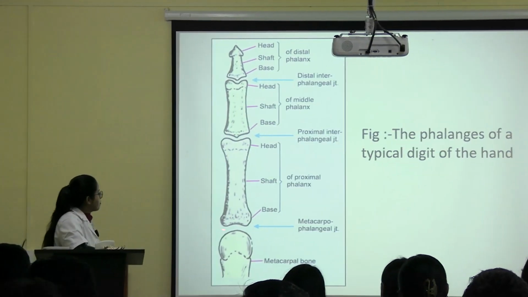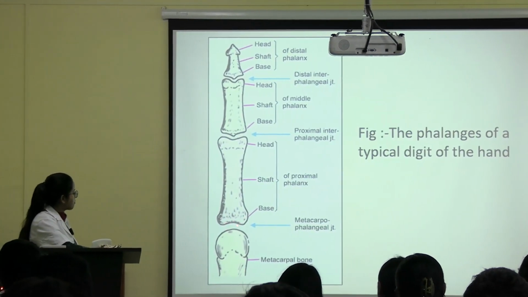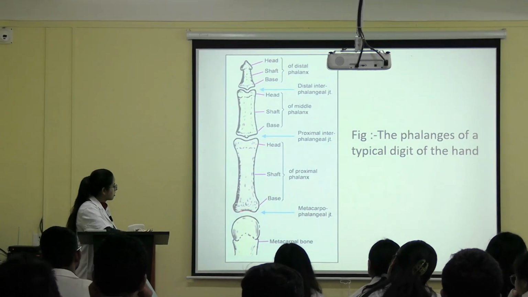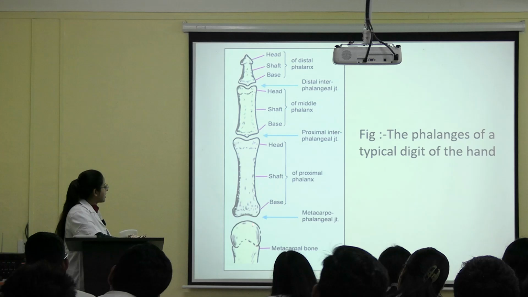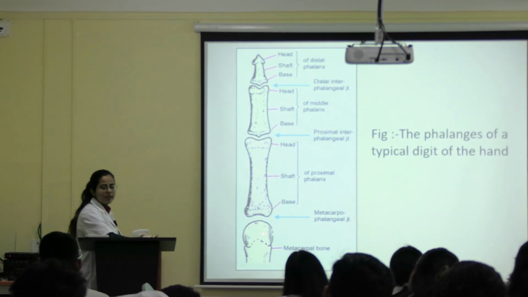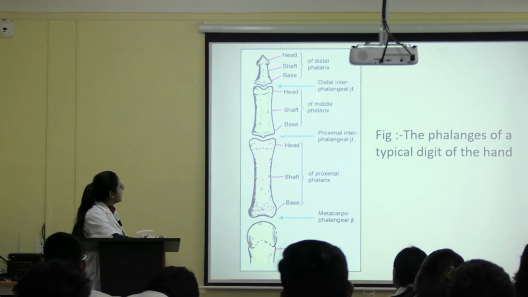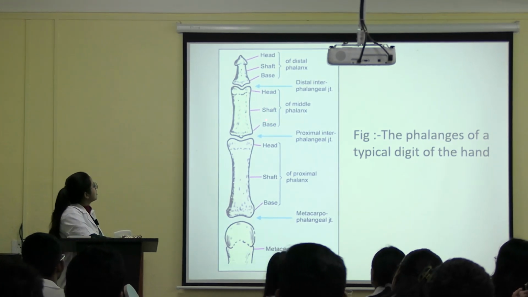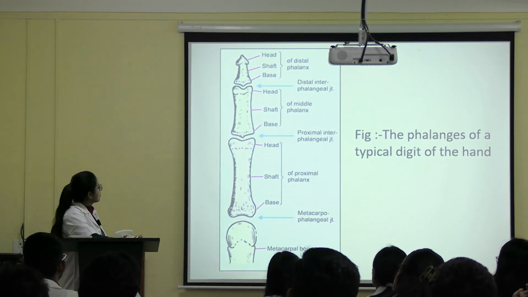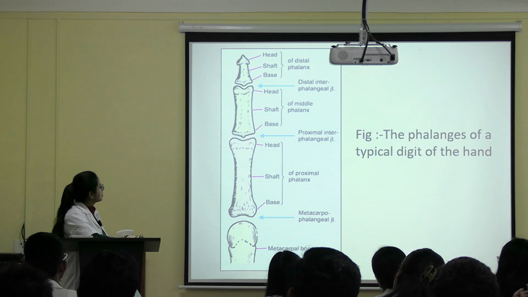Now you can see the base. What is the shape of this surface? Concave or convex? Concave. It is articulating with the metacarpal bone, and the head is pulley shaped. Now you can see here, what is the shape of this again? Concave.